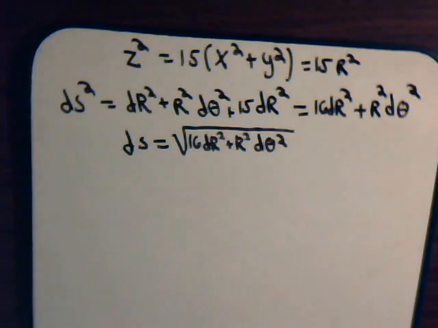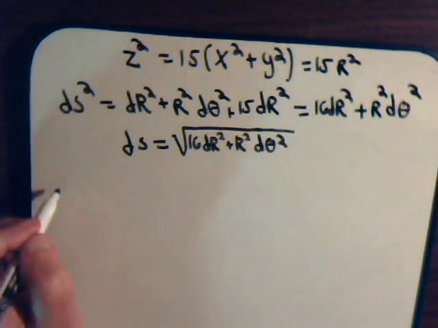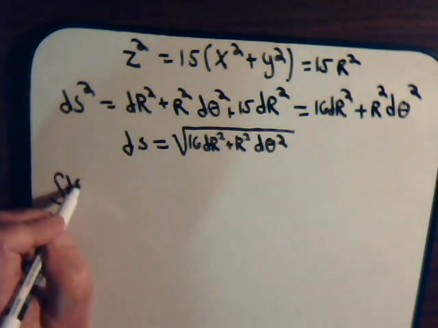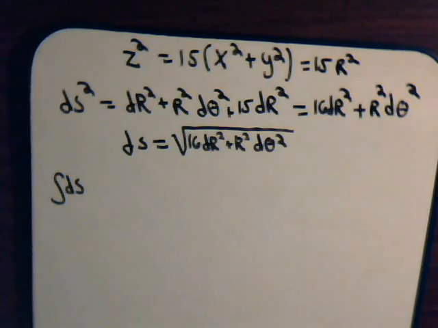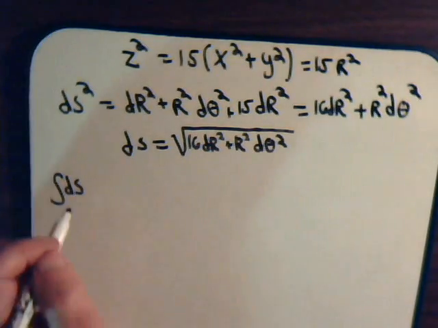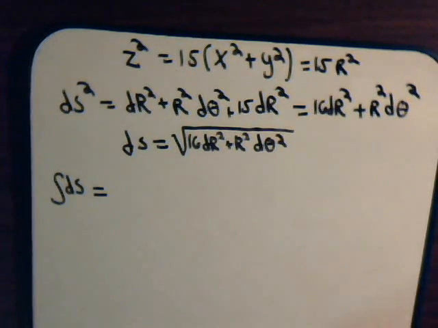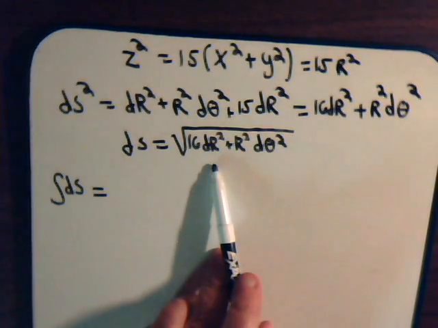And of course what we want to do is minimize the arc length, or in other words, minimize this integral. Now we can factor the dr squared out of this expression.